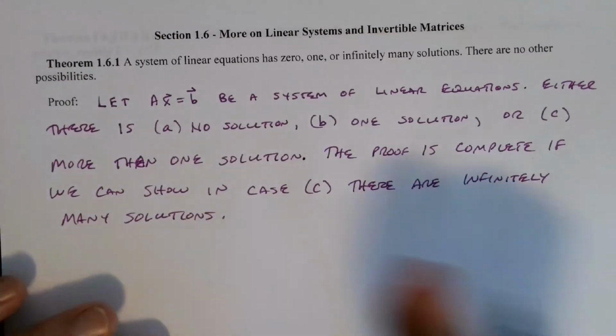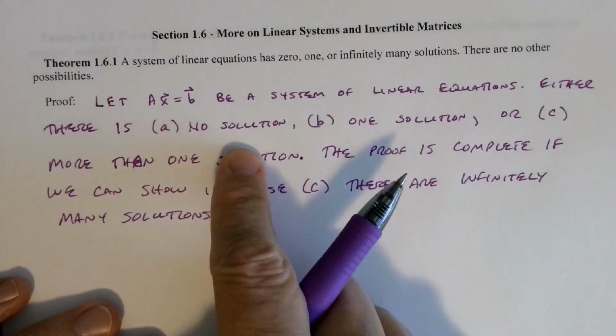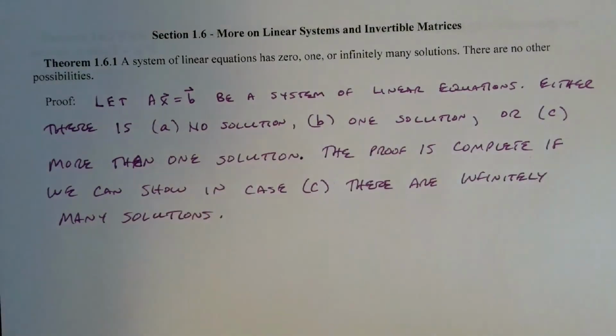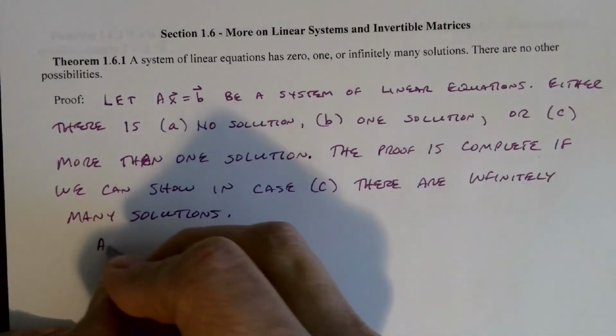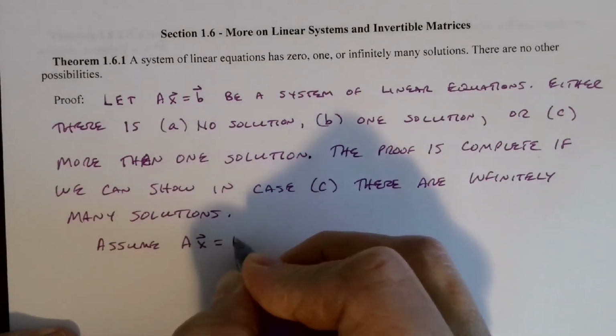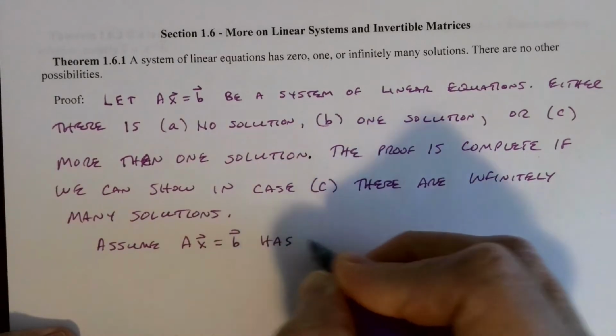So basically, we've got these three cases, and if I can show C must imply infinitely many solutions, then we've proved what we wanted to prove. And so that's what we're going to do. We're going to assume that the system AX equal B has more than one solution.